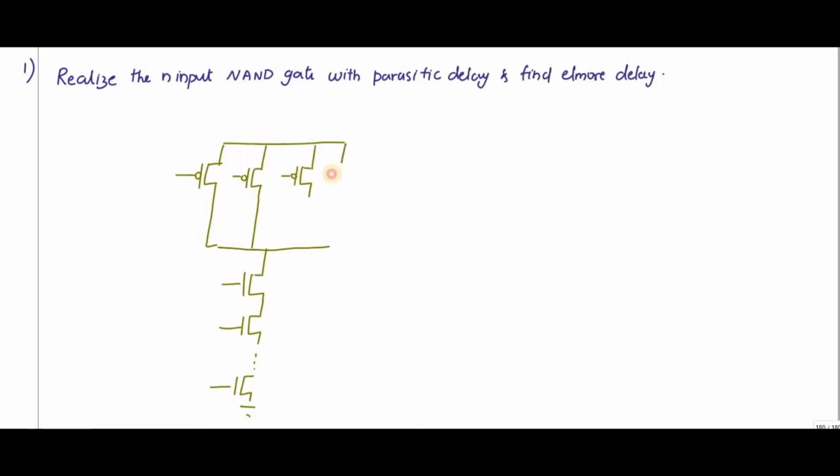In the problem they have given, we are using n NMOS, so what is 1 here becomes n.